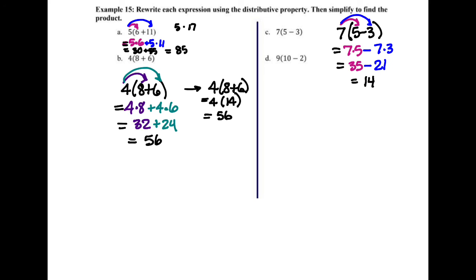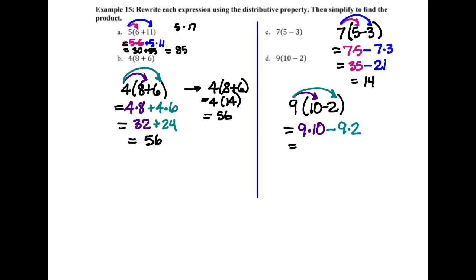Okay, and D, again rewriting it so I have more space. So I am going to say 9 times 10, and then subtract 9 times 2.